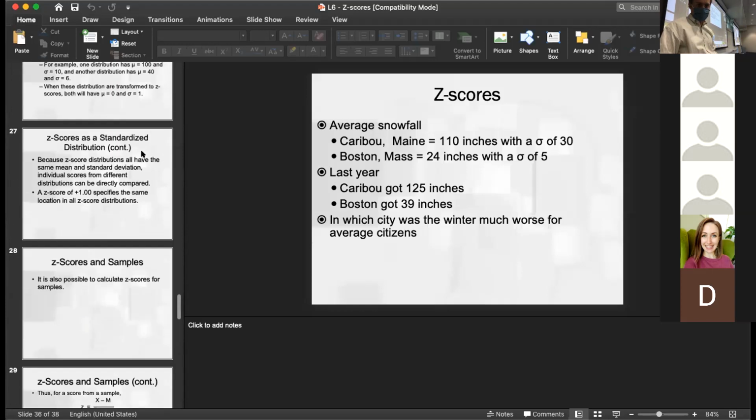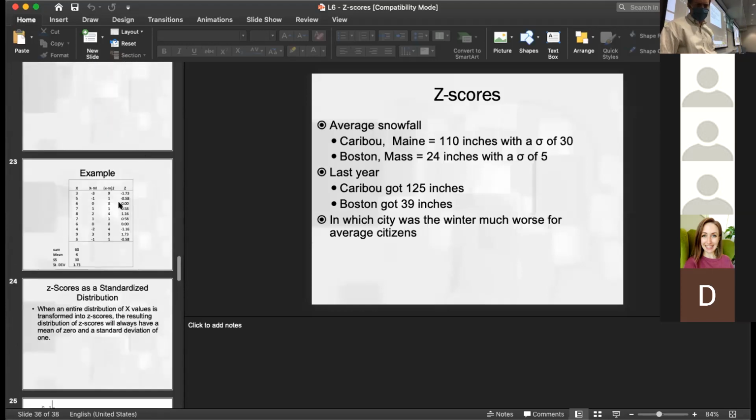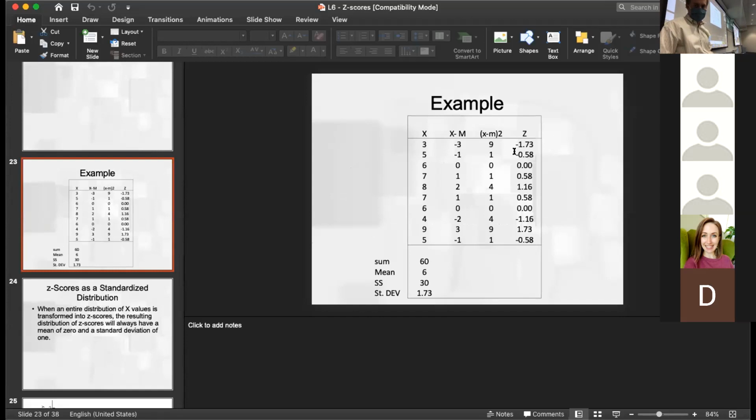When you work out all of these, because we created our new z distribution here, the average of all of these, if you add all of them up and divide by the number, you get 0. Although if you add all of them up, you're going to get 0 anyways. And if you were to calculate the standard deviation of this distribution here, that would always come out to 1. That's just what happens when you standardize with z-scores.